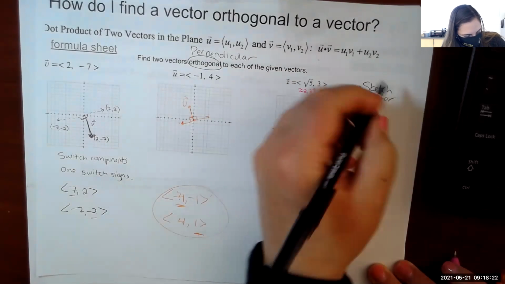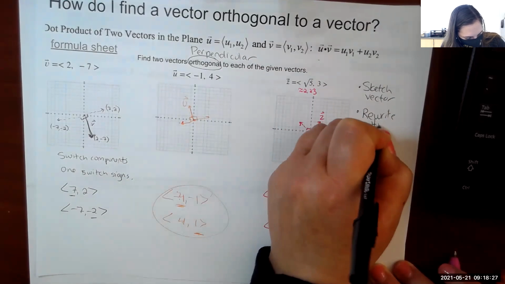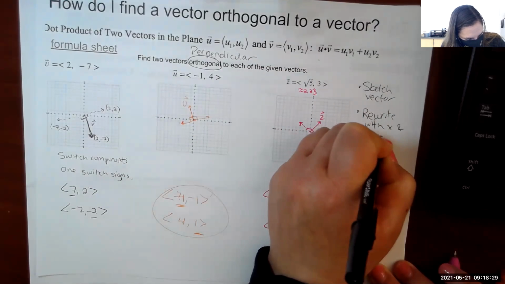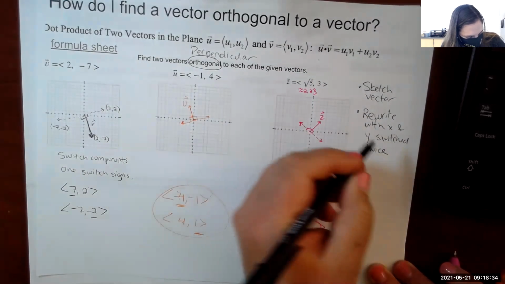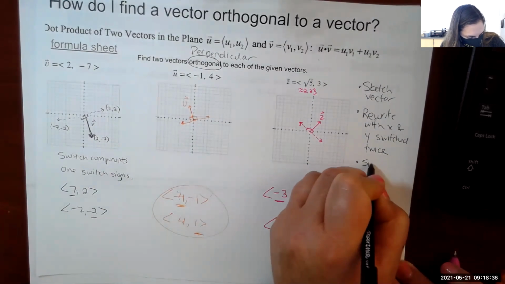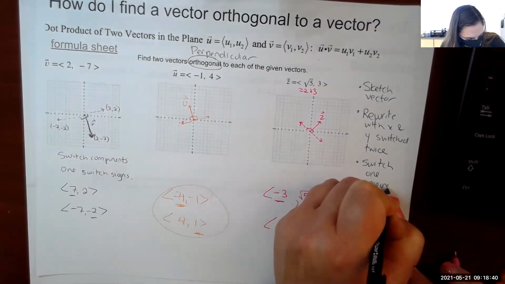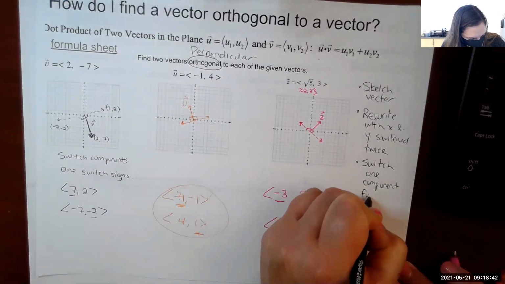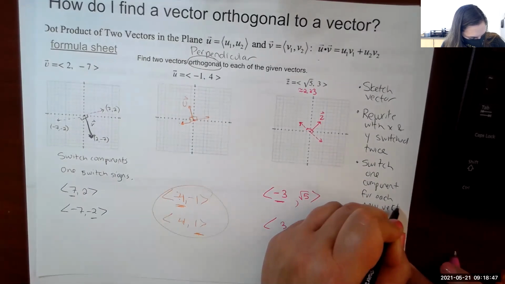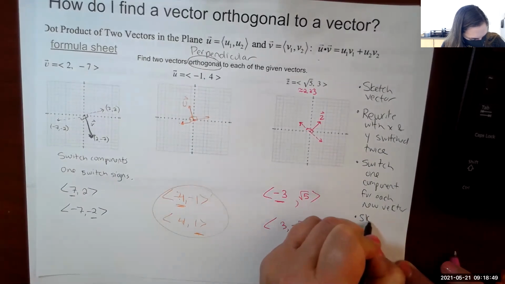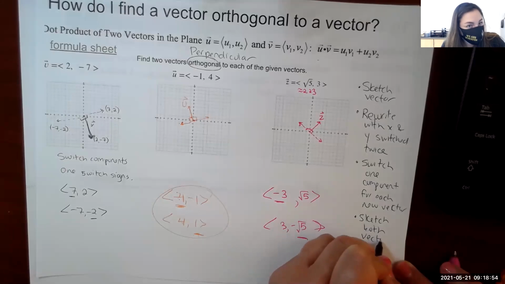Rewrite it with X and Y switched twice, and then switch one component for each new vector, and then sketch both vectors.